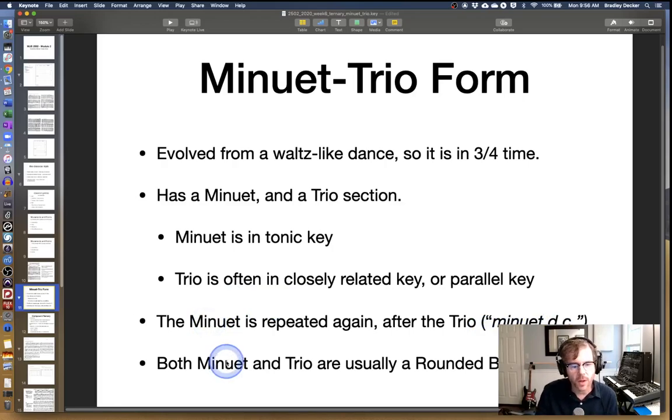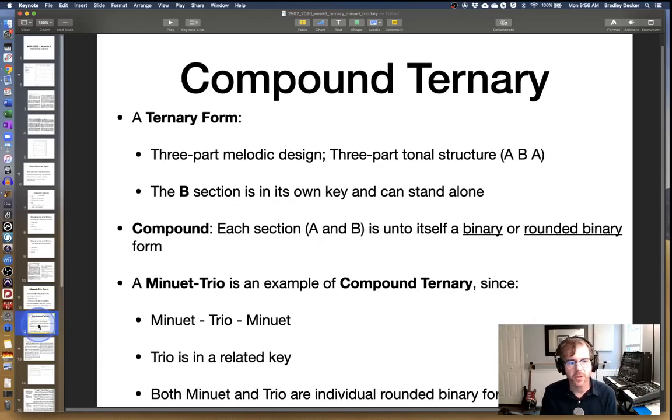So we're calling this a compound ternary form because we have 3 parts, and the minuet and trio are each usually a rounded binary form. And so that is a really great way to get into compound forms. Compound ternary is a 3-part melodic design where the B section can stand on its own and is in its own key.